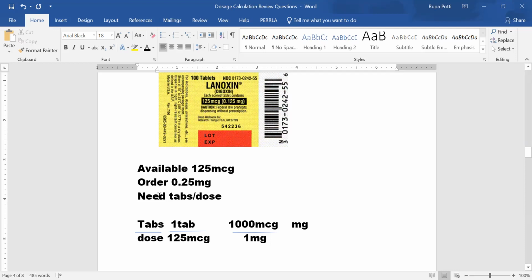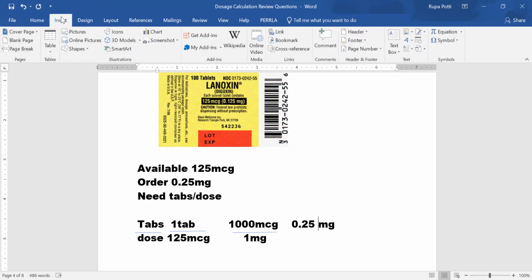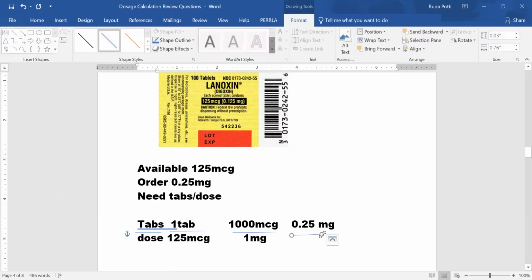So now I'm going to look in the problem to see, okay, what has milligrams? It is 0.25, right? So that is the number that I'm going to carry there. And what is that 0.25 connected with? That 0.25 is connected with one tab, right? That is what it says, right? Sorry, dose. That is the dose, right?